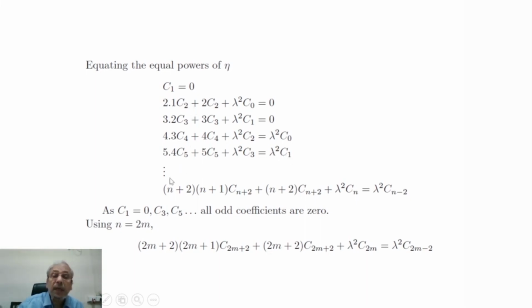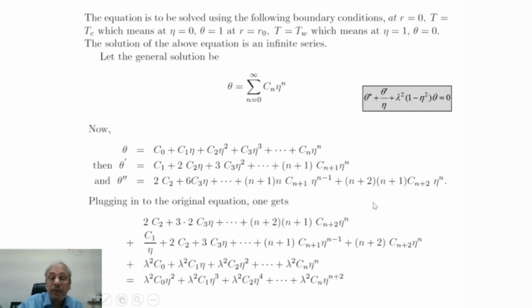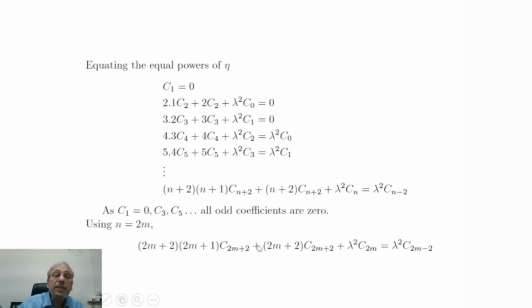This way we can go up to n plus 2 into n plus 1 Cn plus 2 plus n plus 2 into Cn plus 2 plus lambda square Cn equal to lambda square Cn minus 2. It requires a little meticulous collection from this equation, equal powers of eta.